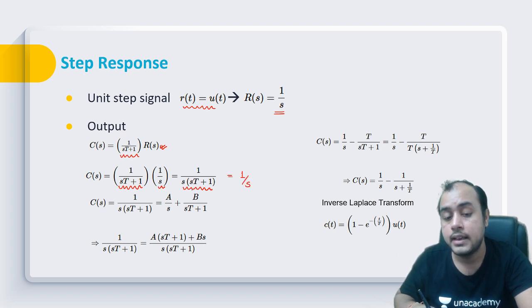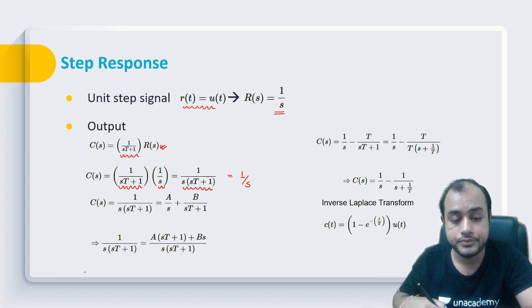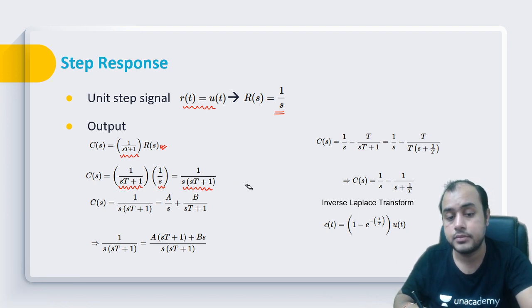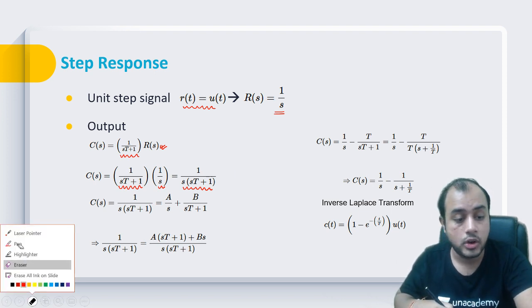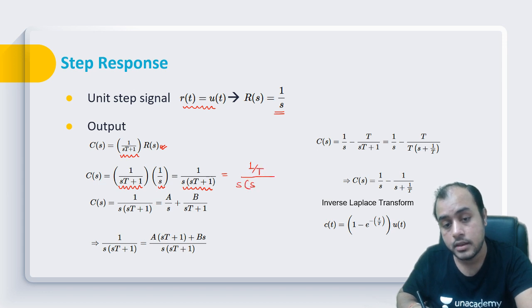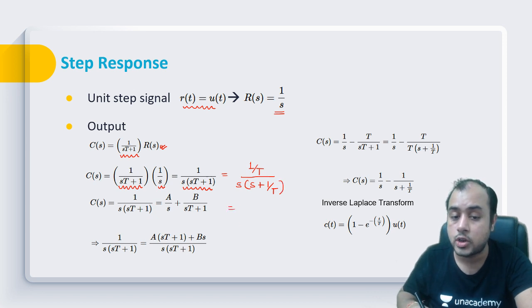For the coefficient of 1 by (sT plus 1), first convert to the standard form, that is 1 by T over (s plus 1 by T).